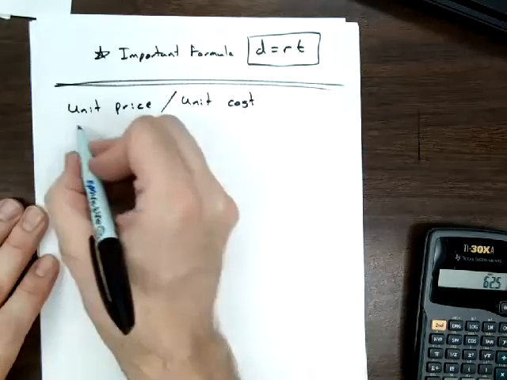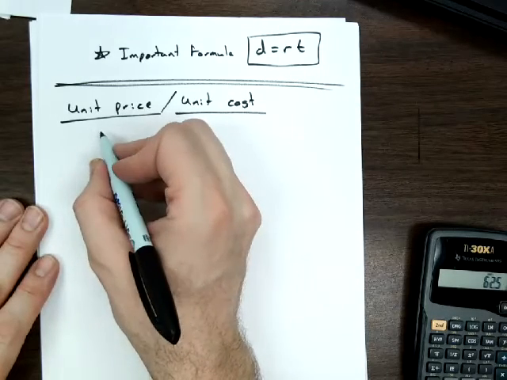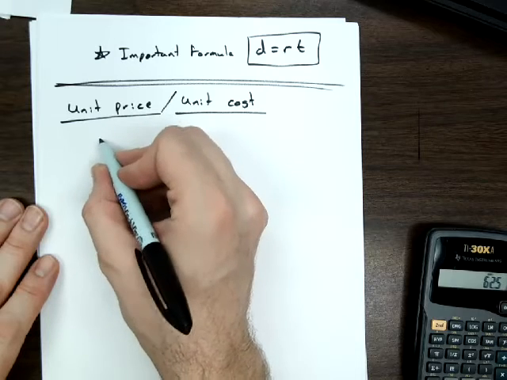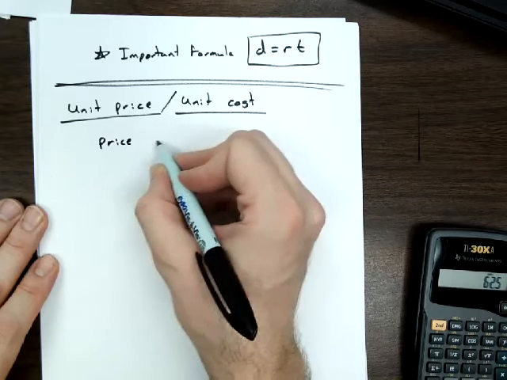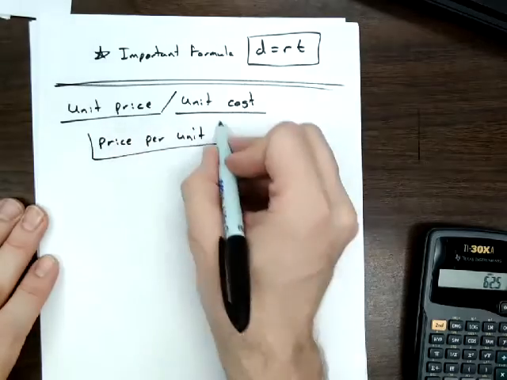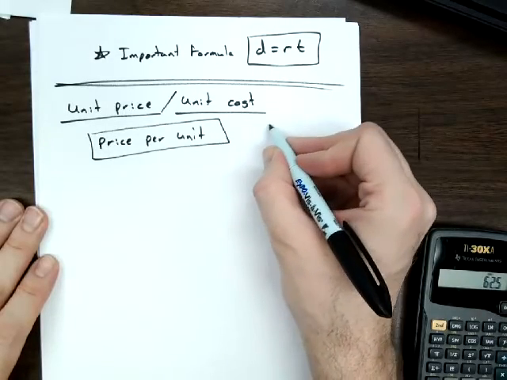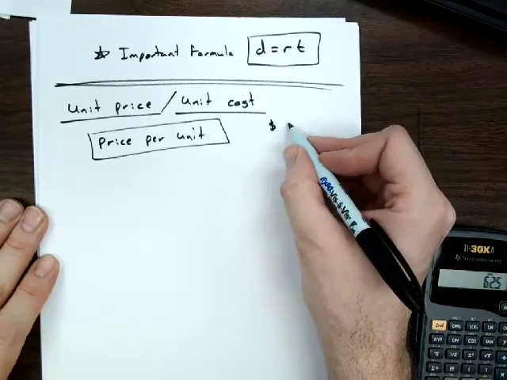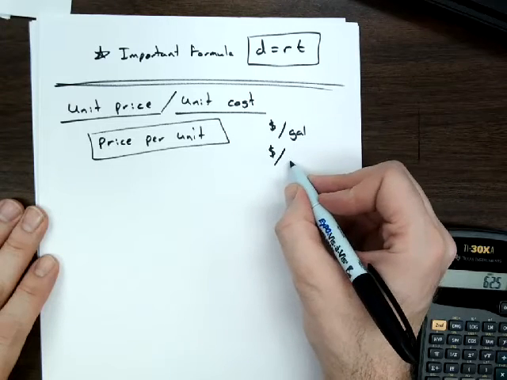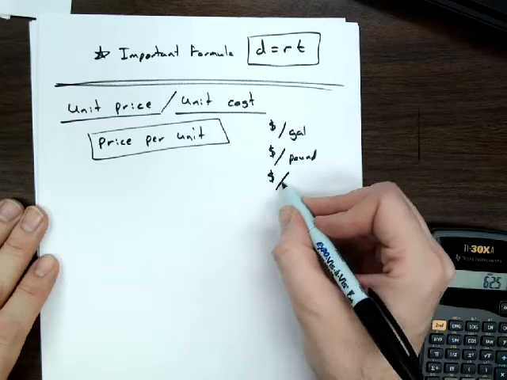A unit price means we take the price per unit, so all of our units are going to look like dollars per gallon, or dollars per pound, or dollars per ounce.